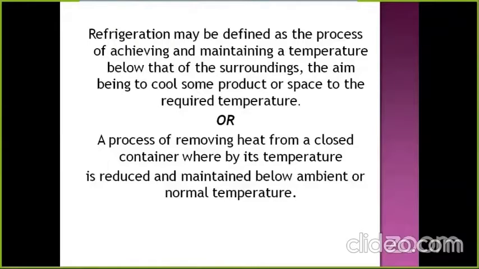That basically defines the refrigeration process. Or we can understand it as the process of removing heat from a closed container where its temperature needs to be reduced or maintained below the ambient or normal temperature.